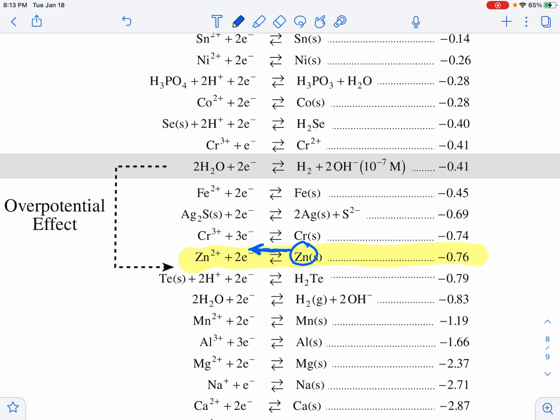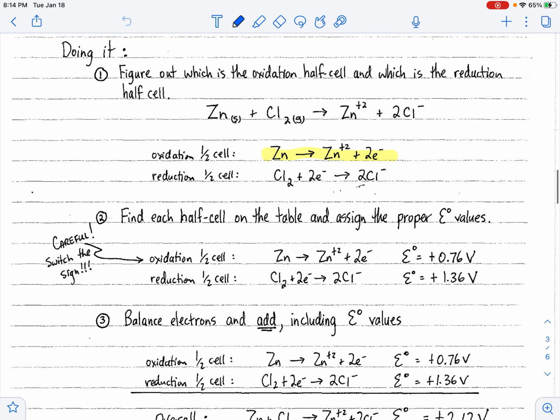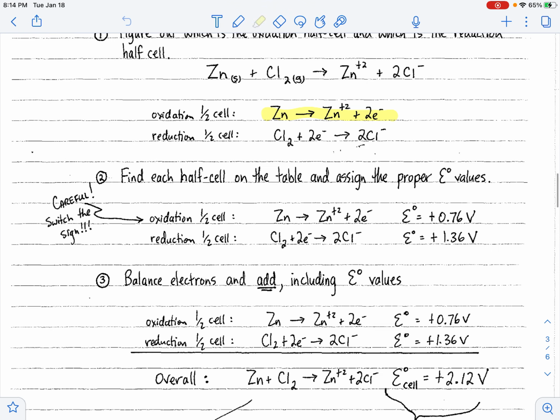That minus 0.76 on the right hand side is the reaction as it's written on the chart. So that's actually the potential for Zn plus 2 reducing to Zn. So we switch the sign, and so we actually have plus 0.76. And so you come back to here and you can see that I've written it, and I've even written a little note to you that we switched the sign.